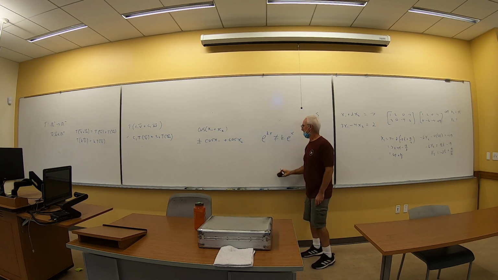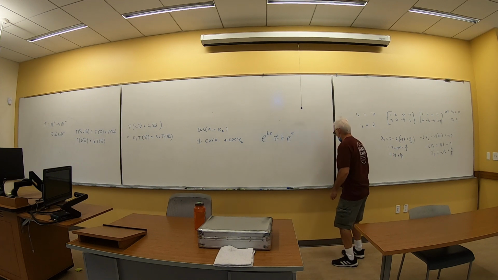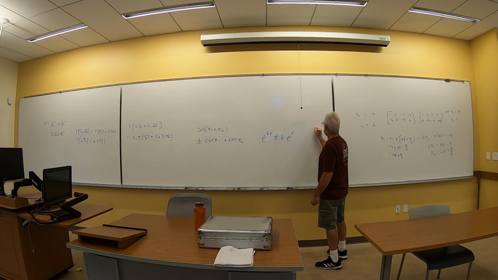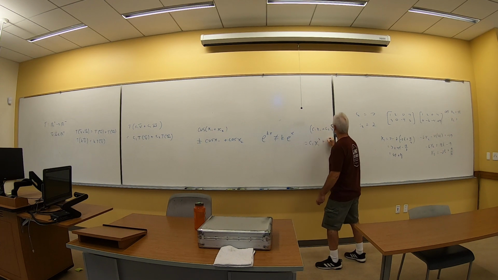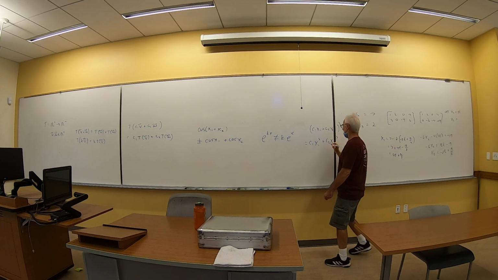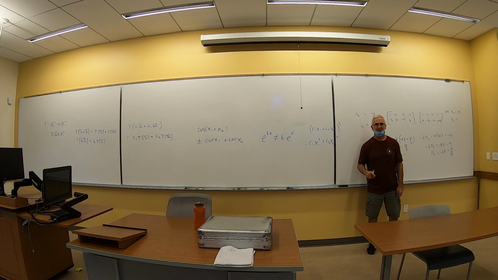All right, how about if I took C1 x1 plus C2 x2 and I cube it, isn't that C1 x1 cubed plus C2 x2 cubed? Isn't that always true, don't all functions work this way? I wish.